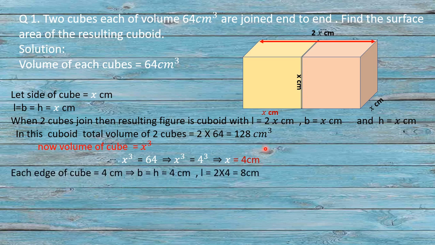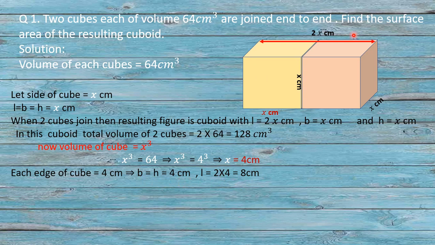Now we have to find the surface area of this resulting cuboid. The breadth is 4 centimeter, and since the two cubes are joined, the length becomes 2 into 4, that is 8 centimeter. Only the length is changed; height and breadth are the same, 4 centimeter.